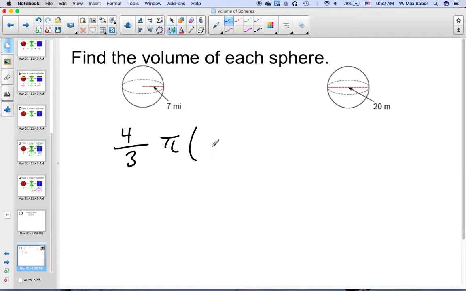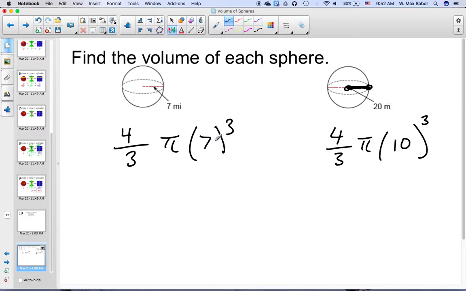4/3 pi r cubed. 4/3 pi r cubed. 20 is not r. r connects the center to the side, so r is 10. Oh wait, in the first one, r is 7. So 7 cubed is 343 times 4/3 is 1,372 over 3 pi.